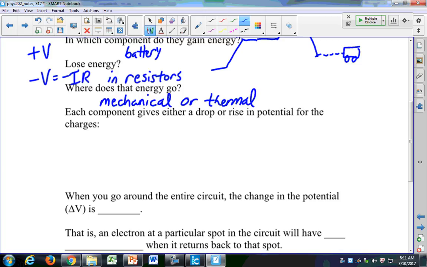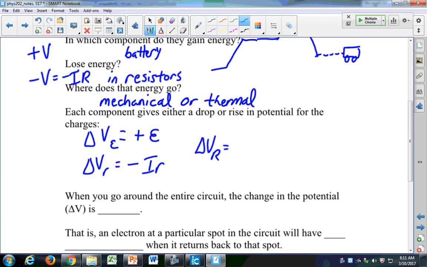So each component either gives a drop or a rise. Our delta V for the EMF is equal to positive E. You get a rise in potential. Our delta V for my internal resistance is equal to minus Ir. And then delta V for the big resistor, out in the circuit, is equal to negative IR. And when you go around the circuit, the change in the potential is 0.